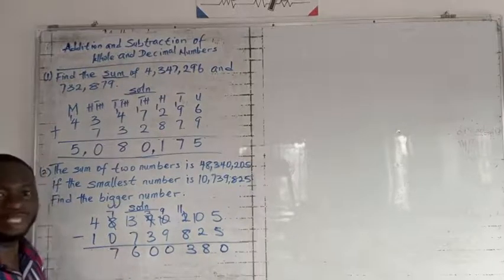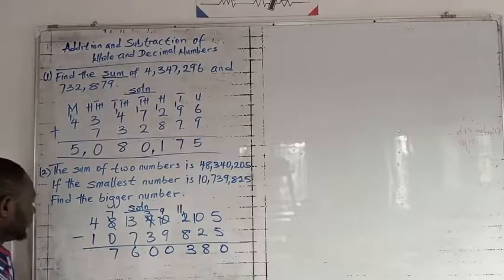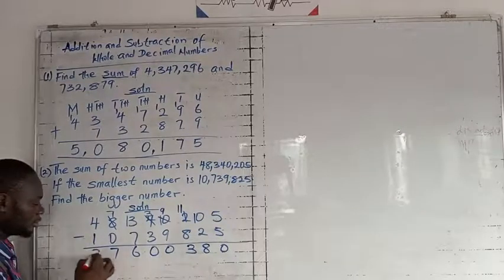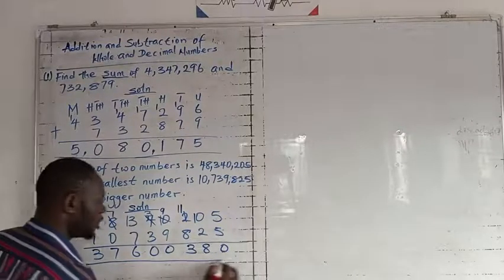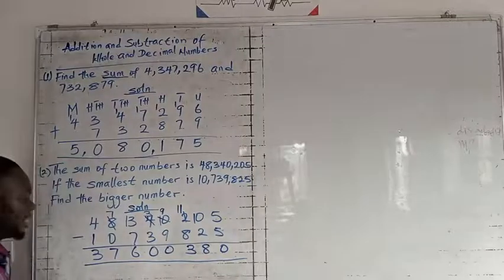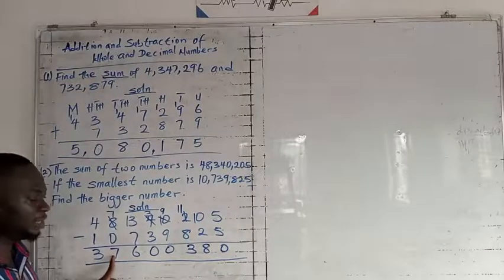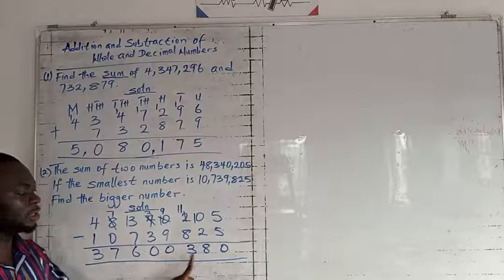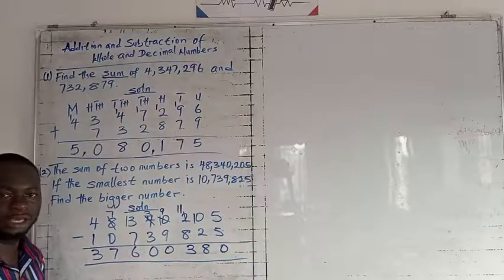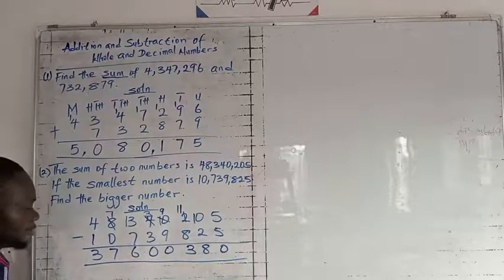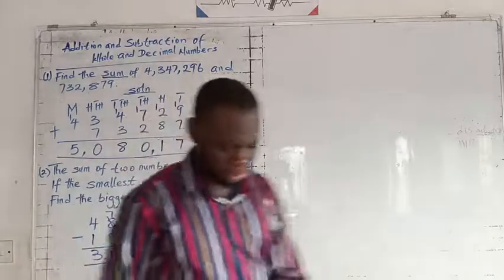Because anything take away 0 is that thing. 4 minus 1. 3. Therefore, the bigger number is 37,600,380. Alright?